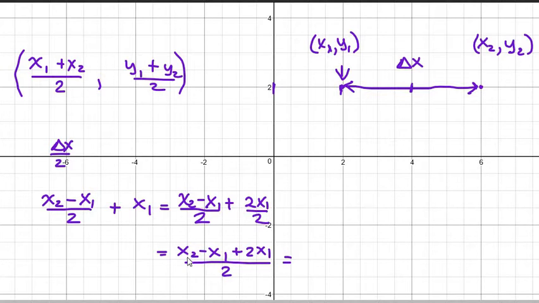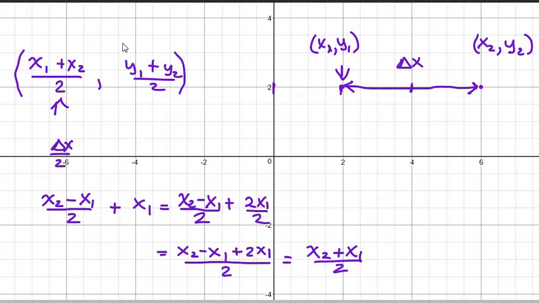Now we have like terms here. A negative x1 plus 2x1. So that's going to simplify down to just x2 plus x1 over 2. That's how we come up with this right here.